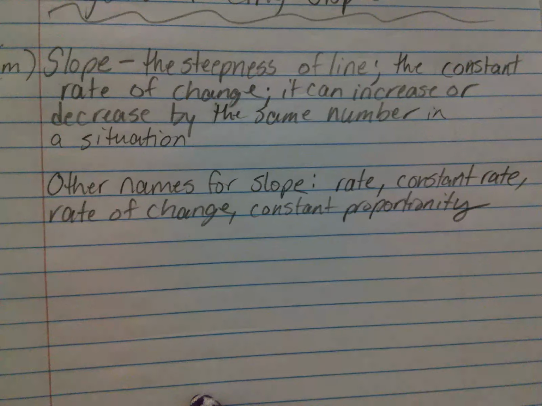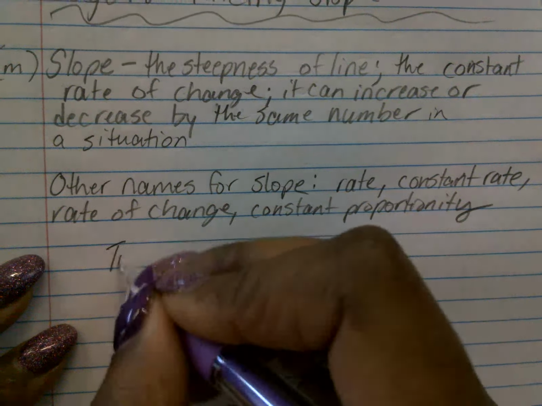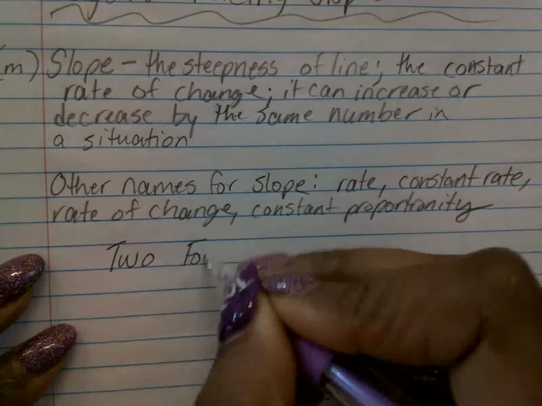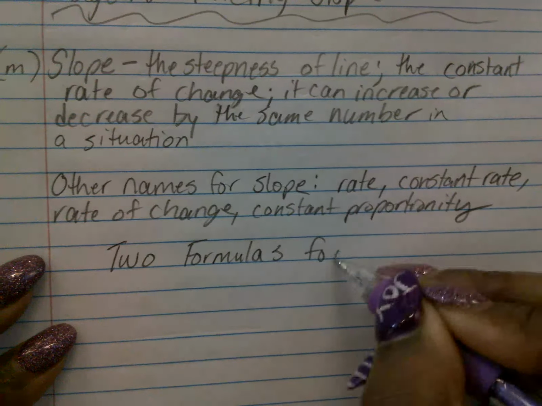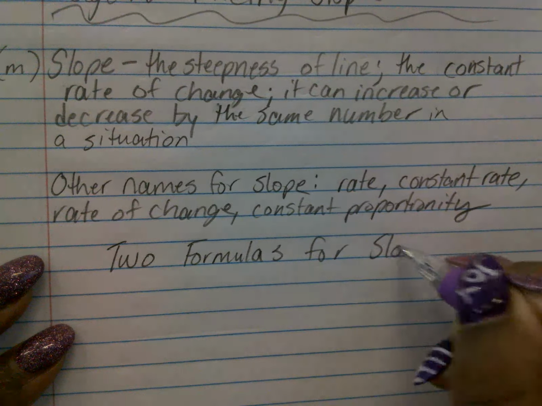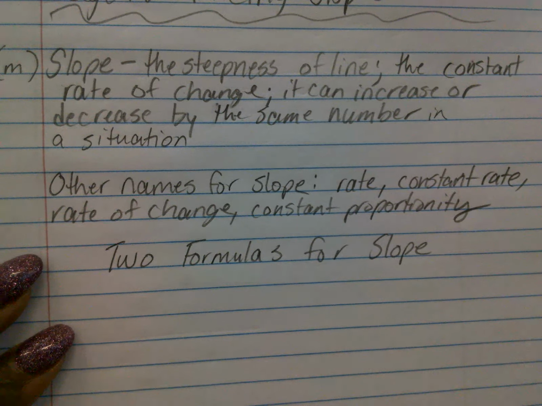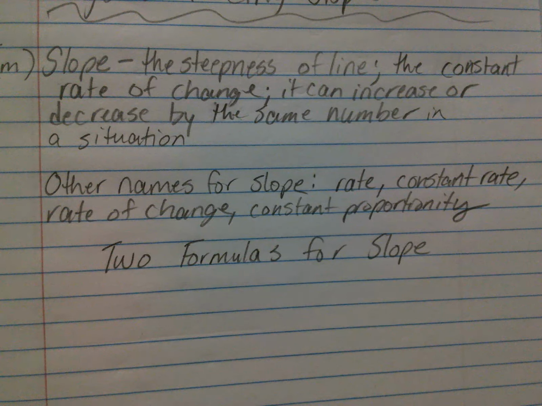There are two formulas for calculating slope. Or rate of change, or constant proportionality, or just simple rate or unit rate. All of those are other names, okay?